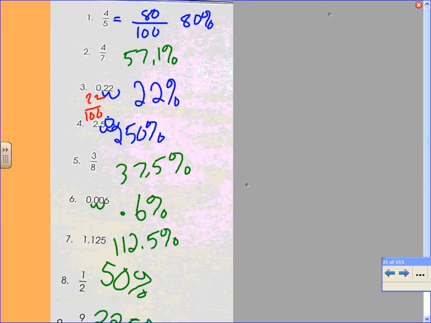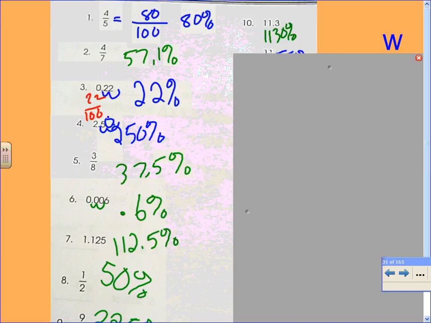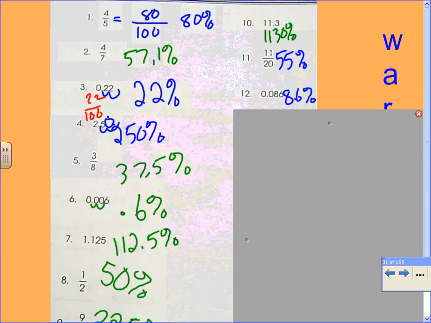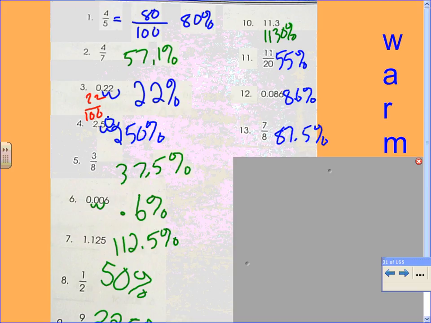Okay. Number 10, Doug. Good job. Number 11, Justin. Good, 12, Matt. Perfect. Zach, 13. Did you get to that one or no? Okay, 87.5%. Sean, 14.